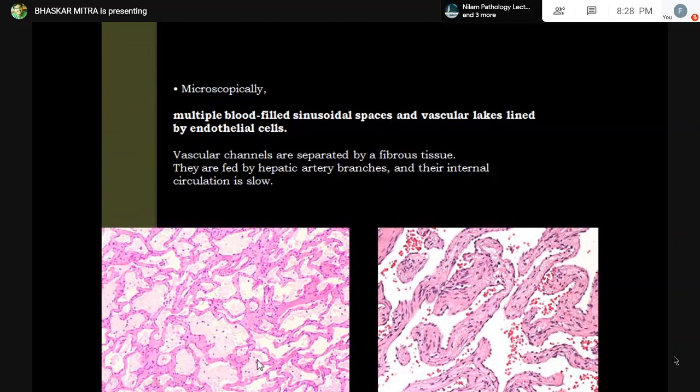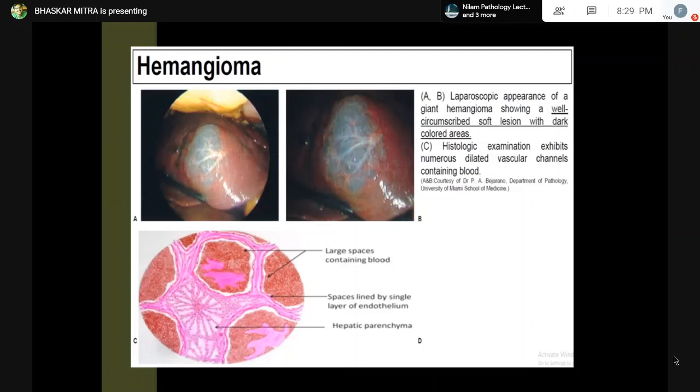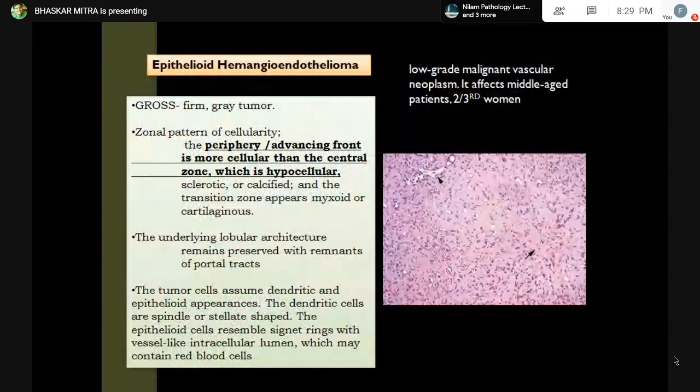Some term it cavernous hemangioma, but it is used interchangeably with hepatic hemangiomas also, because most of the liver hemangiomas are cavernous type. These are the sclerosed hemangiomas showing sclerosis in different areas. They may show diffuse angiomatosis, hemangiomas. Now, there may be borderline vascular proliferation like epithelioid hemangioendothelioma.